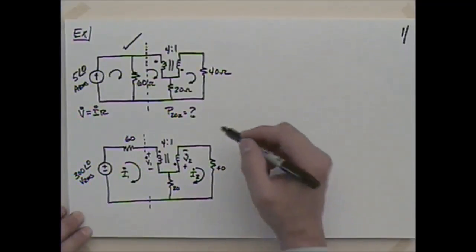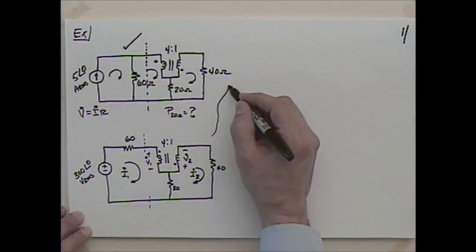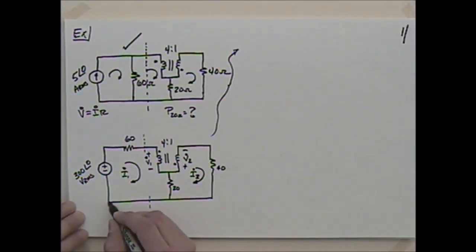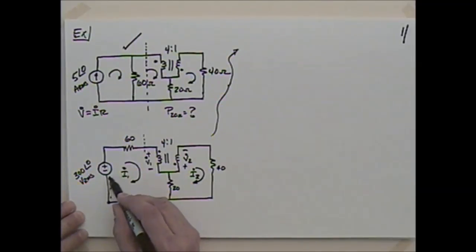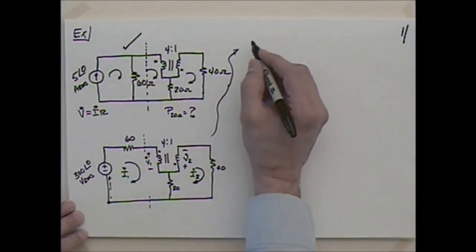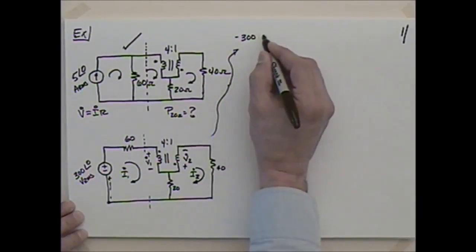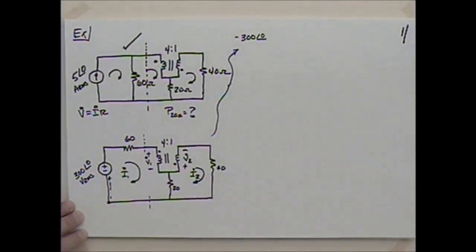So if I start to write my equations then, I should have, if I work my way around here, as I go around there, I'm going to have a gain. So let me take that as minus 300 at 0. Should just be minus 300, but I'll take it minus 300 at 0.